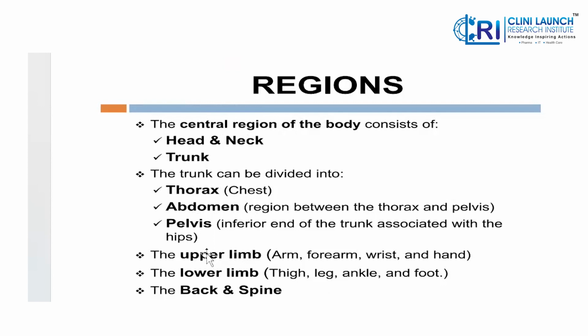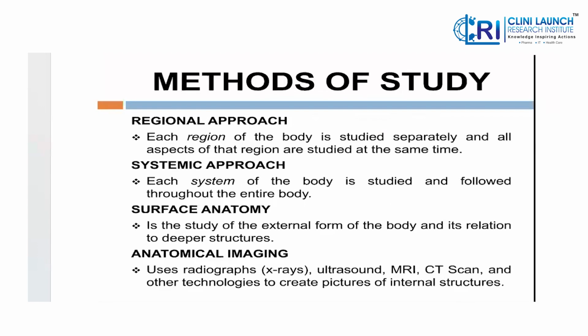Then, apart from the central region, you have the upper limb. What are the constituents of the upper limb? What parts are there in the upper limb? The whole arm, right?